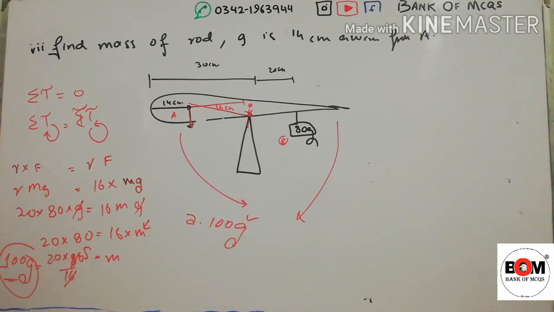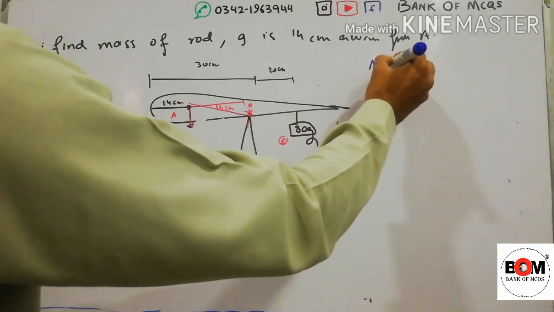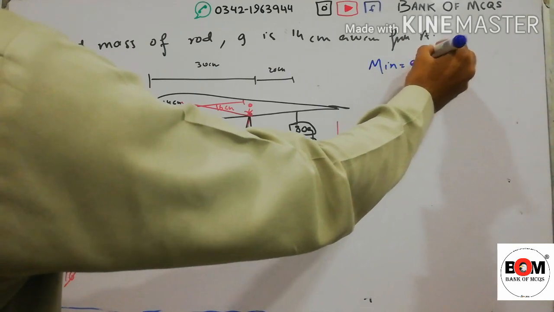So this was the example, a little tricky, so I solved it. It's enough for today. No need to solve any more examples because I discussed all the points. You must remember the minimum number of forces for a body in equilibrium. Minimum number of equal forces is 2.